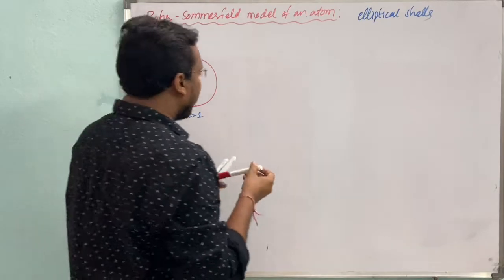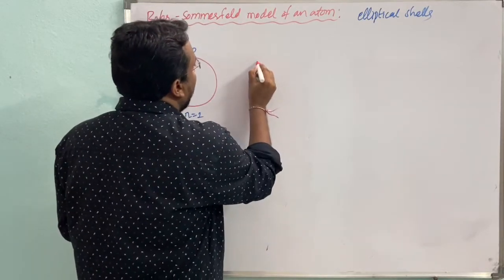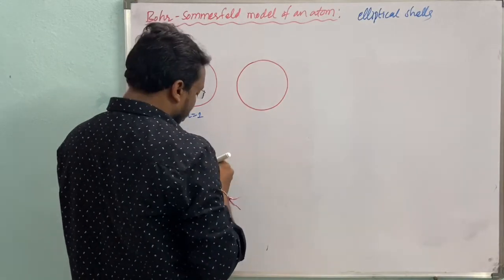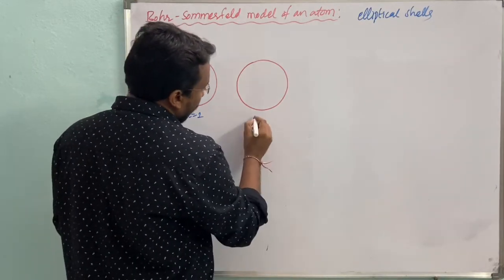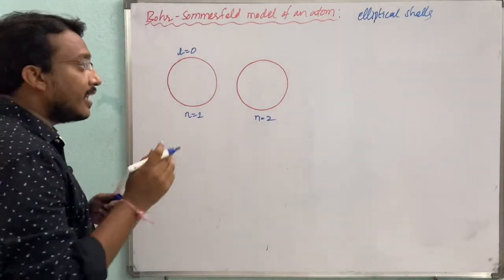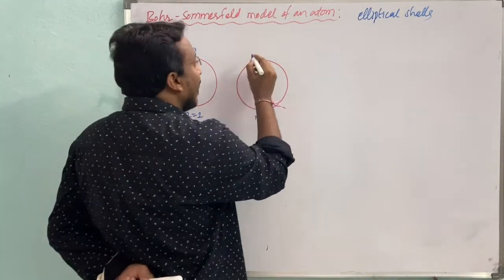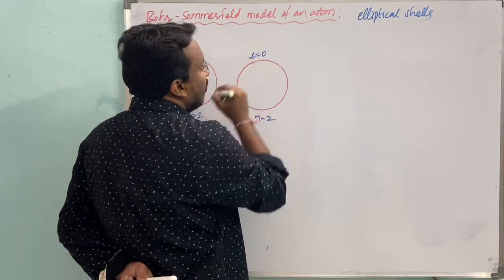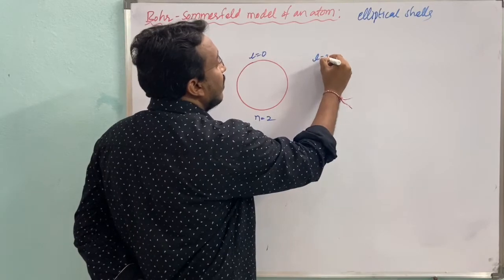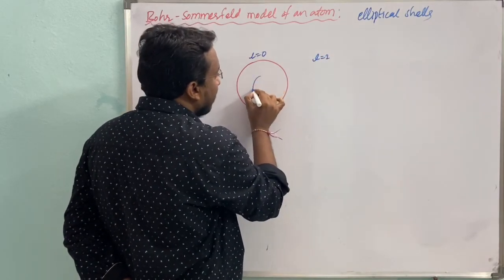Then for the second shell, n equals 2, it has two l values: l equals 0 and l equals 1, which will be in elliptical shape.